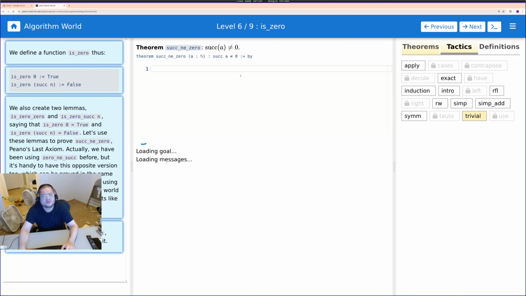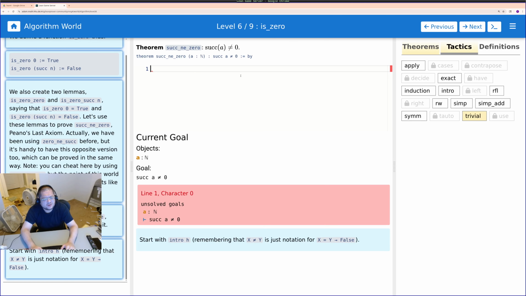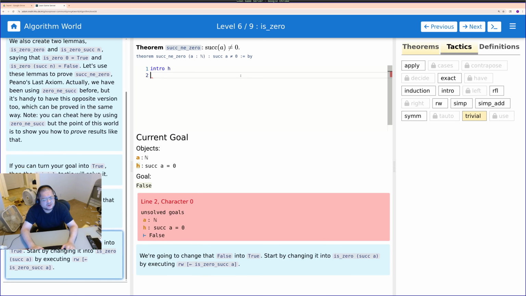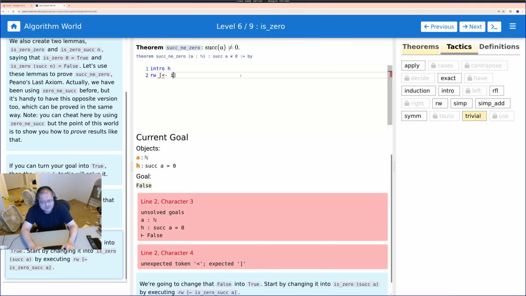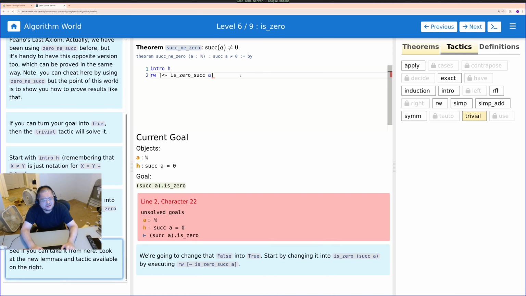Okay, that worked. Successor of A is not equal to 0. Control H. Taking the hint. Rewrite H.